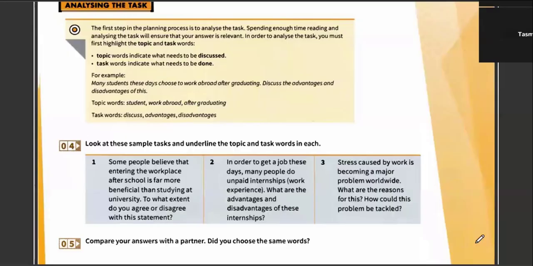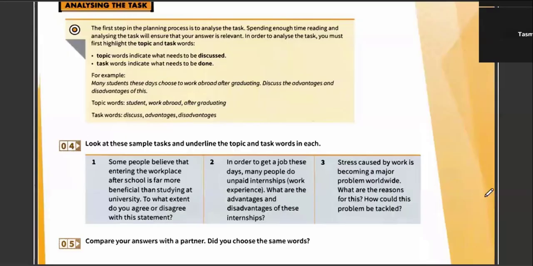During or after they are graduating. That is what we have to talk about. So these are the topic words. And what do we have to do? We have to discuss advantages and disadvantages. So we are picking up some keywords to make our thinking easier. That is what we do: we analyze the task and the topic words. Clear? Yes. Okay, great.